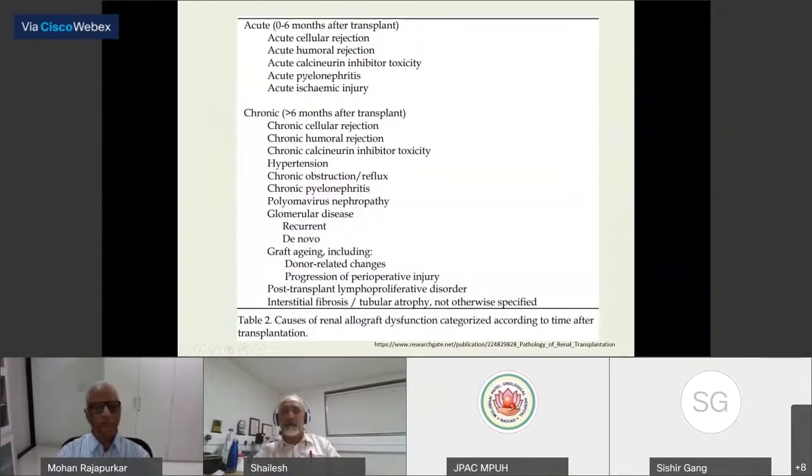Predominantly in the first 6 months, it is more common to see acute injury like acute cellular rejection or antibody-mediated rejection, acute CNI toxicity, bacterial infection, or some ischemic injury. In more than 6 months, we see basically a chronic rejection process, chronic infection or BKV nephropathy, recurrence or de novo glomerular disease, and some malignant conditions.